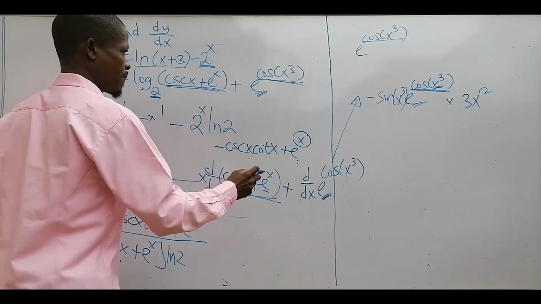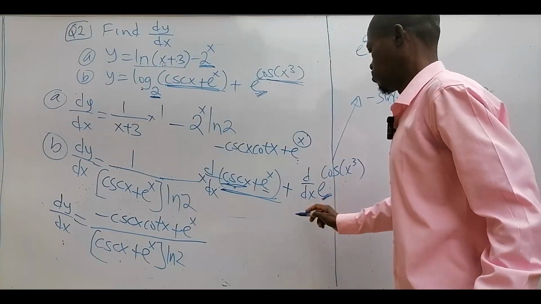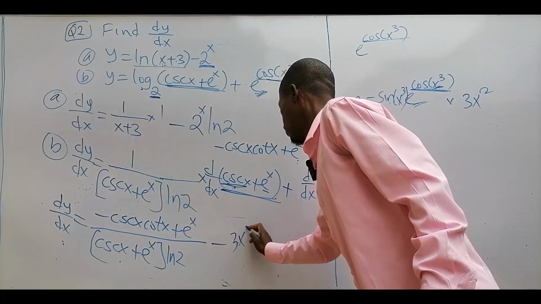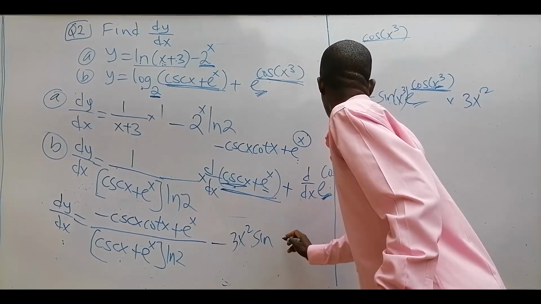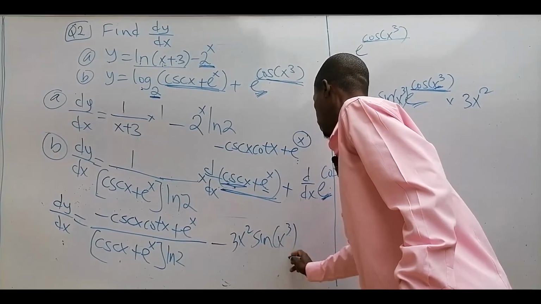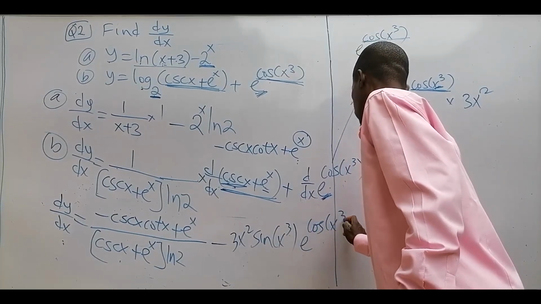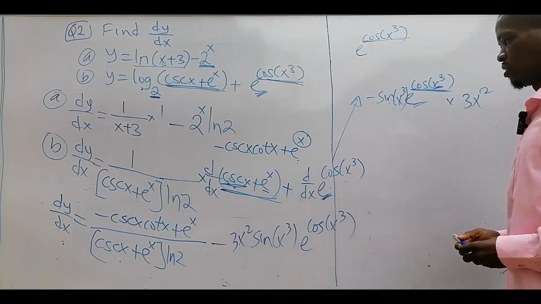Then the derivative of this one is minus, we have minus what? Minus 3x squared, minus 3x sine x to power 3, and then exponential to power this. So that's that on this case.